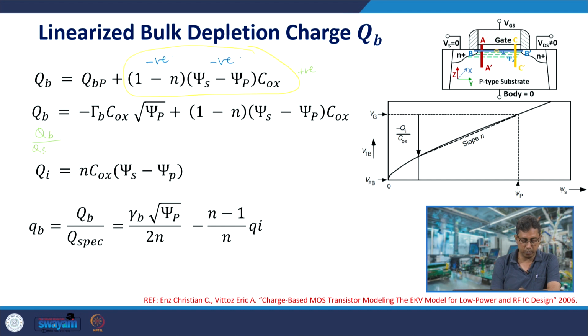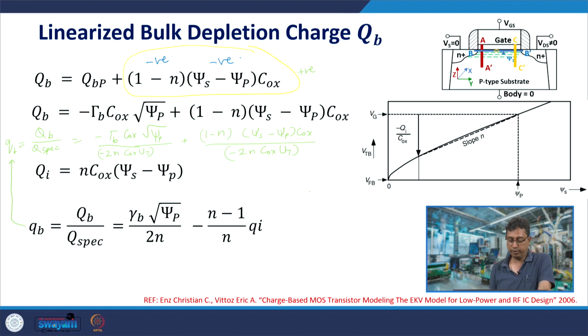QB by Q specific is minus gamma b Cox square root of chi p, or absolute chi p, divided by minus 2 n Cox ut. This is the value of Q specific, plus 1 minus n into chi s minus chi p, Cox divided by minus 2 n Cox ut. Now, this is the value of normalized depletion charge.